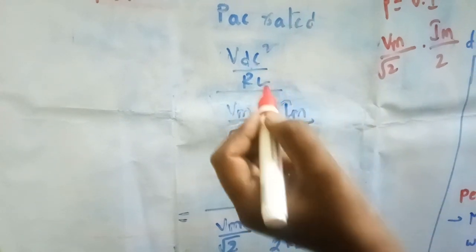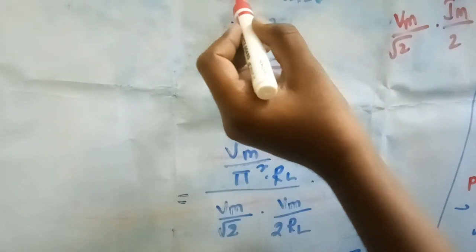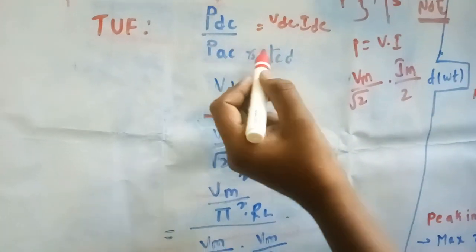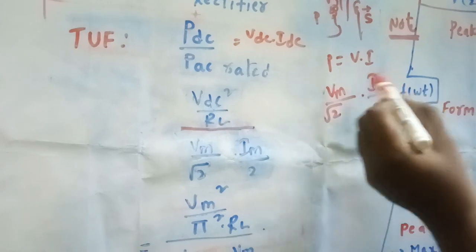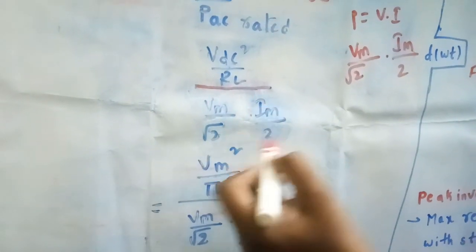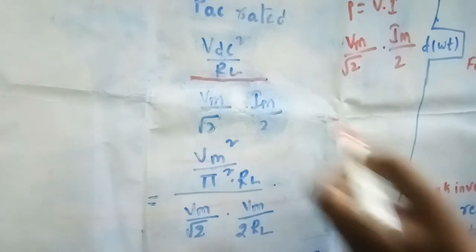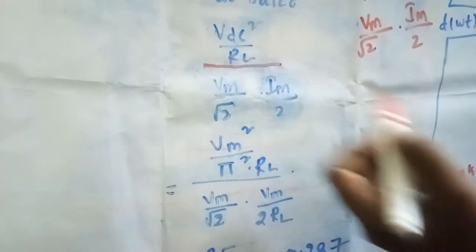In the denominator we have PAC rated, power equal to voltage into current. From the transformer secondary, the rated voltage and current are Vm by root 2 and Im by 2. Remember, these are fixed values for half wave rectifier. They may change for full wave rectifier.